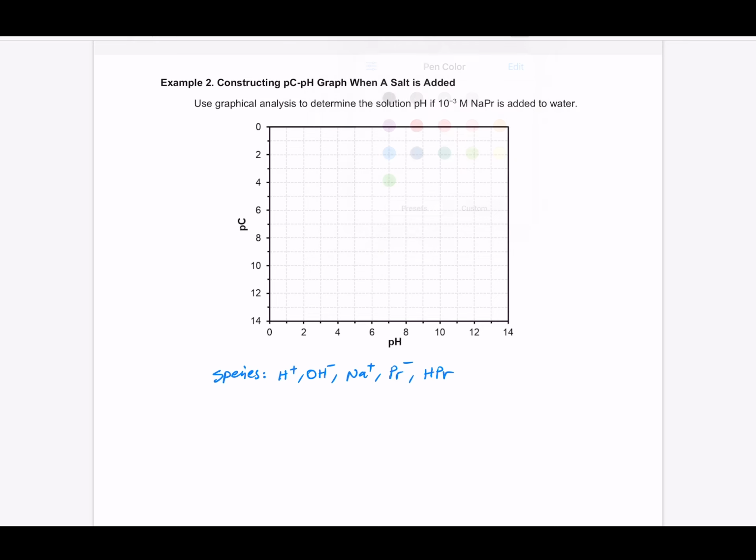To quickly proceed, we have the OH minus line, the H plus line, and the pKa value for this system was 4.87, so 4.87 is here, pKa, and the total is 10 to the minus 3, so this would be 3. So if we come down here, 0.3.